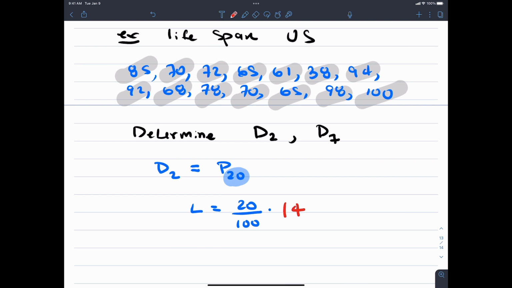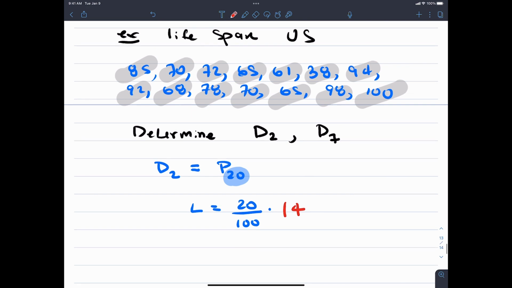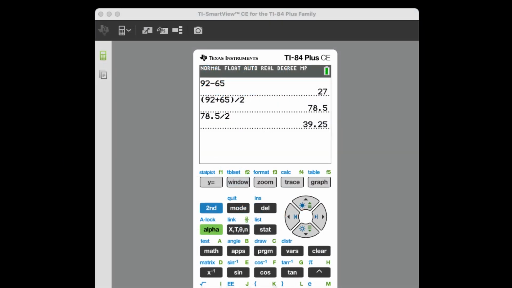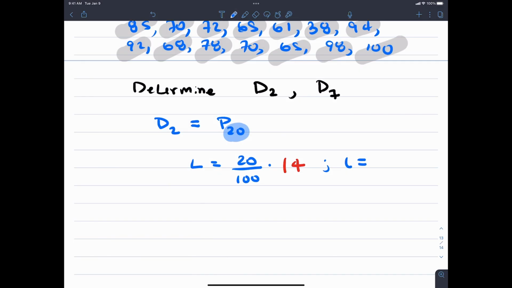Is that true? Okay. So let's find out what that is. So be careful. 20 divided by 100. This is homework questions. Times 14. What is this? Anybody want to tell me? Yes, what does L equal? L, ladies and gentlemen, is 2.8.